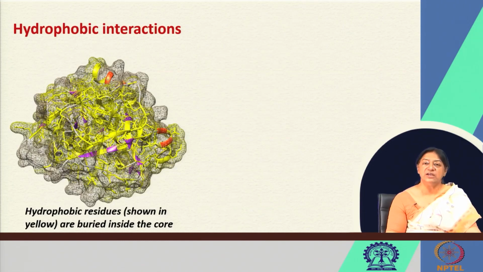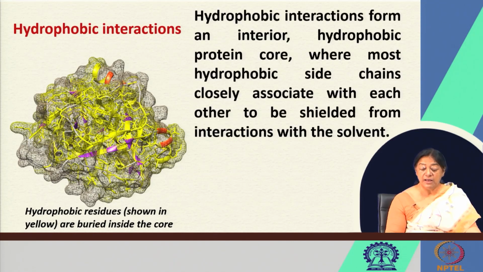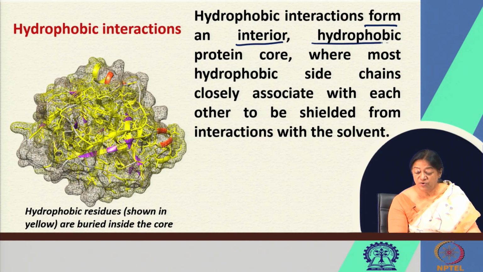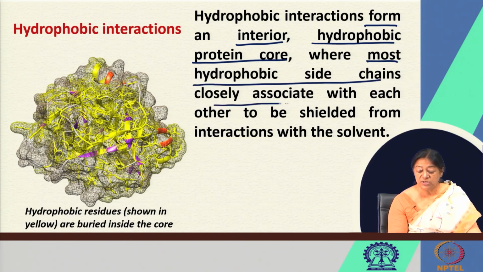So, when we look at these hydrophobic interactions, we realize that because of the specific side chains involved, they are going to interact in a manner that forms the interior hydrophobic protein core, where most of the hydrophobic side chains remain closely associated with each other to be shielded from interactions with the solvent.